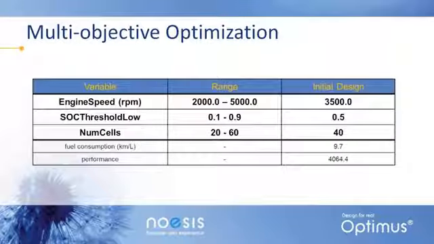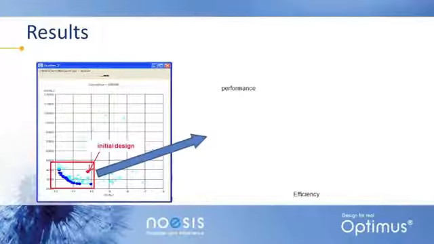For the multi-objective optimization, we determined that we were going to use another evolutionary algorithm that's specific to Optimus, known as the non-dominated sorting evolutionary algorithm, or NSEA+. We ran this optimization on that response surface, and this chart in the left side here gives us the results from that optimization.